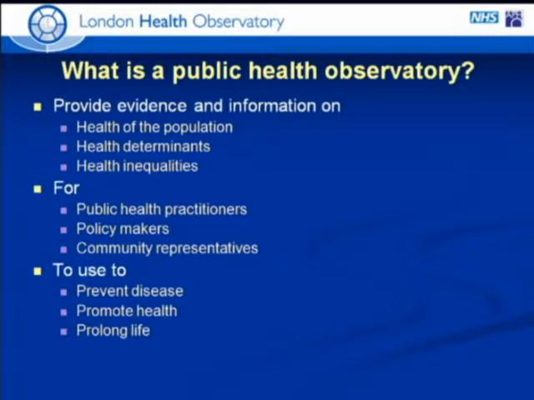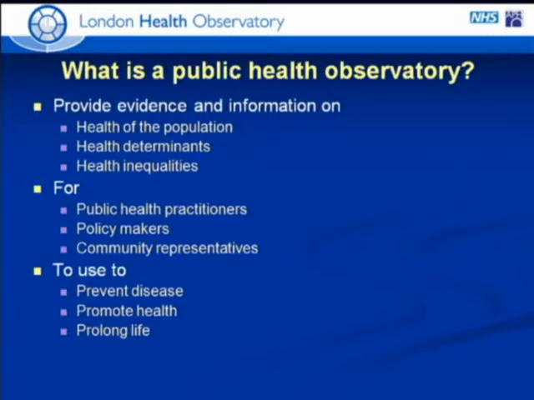So this is essentially what public health observatories do. At the moment, public health observatories are most common in Europe, particularly in the UK, France, Belgium, Italy and Switzerland, but there is some interest in setting up public health observatories in Canada.